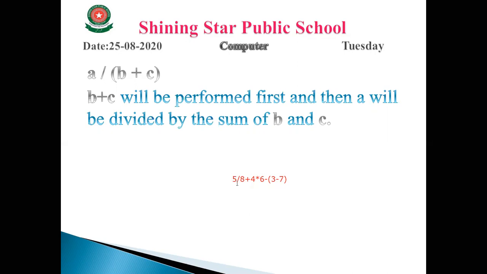In mathematics, our first priority is to solve 3 minus 7. Division has a high priority, but whenever we have a bracket, the bracket is the highest priority in the expression. The same applies in C language: we solve the bracket first and then check the next priority.